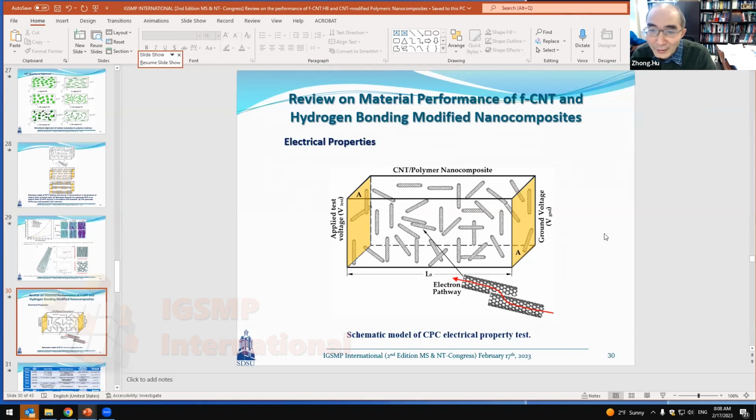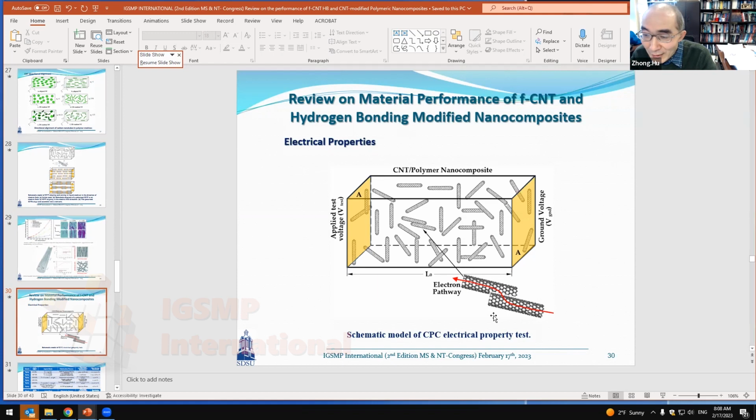First, we just look at the electric property. You can see, on the bottom, we have two carbon nanotubes. After functionalization, maybe they can overlap, so that electrons can be transferred from one carbon nanotube to another because they are connected.